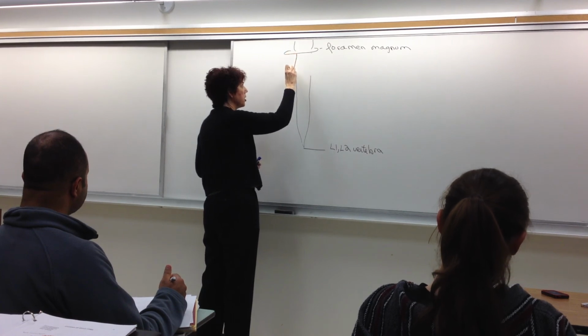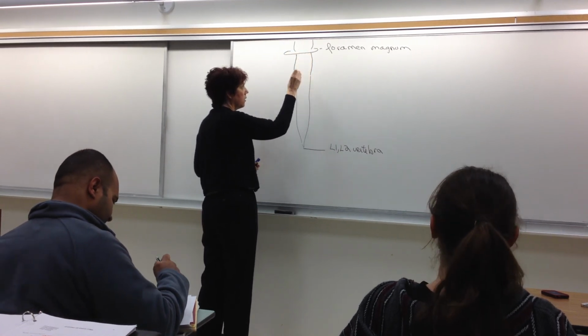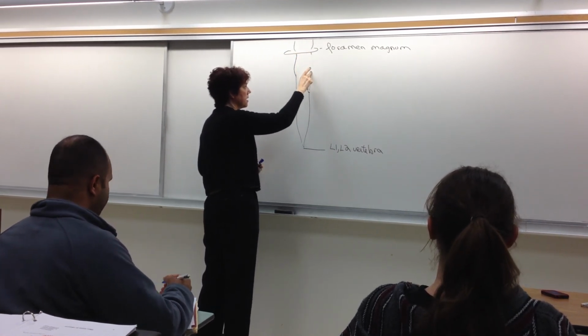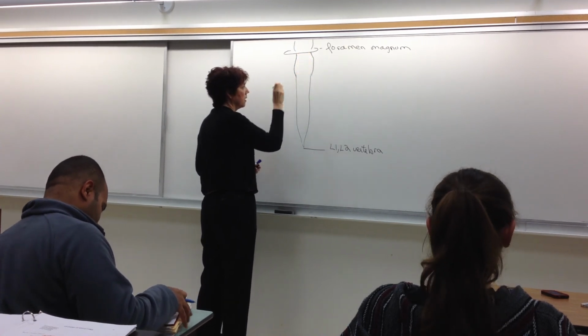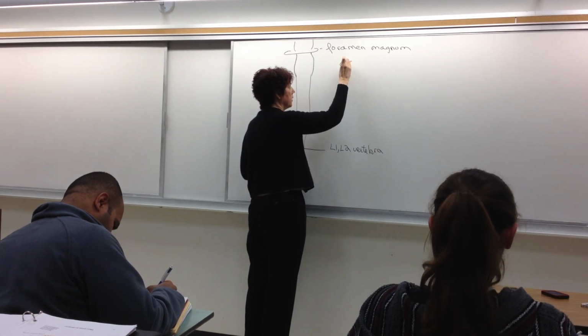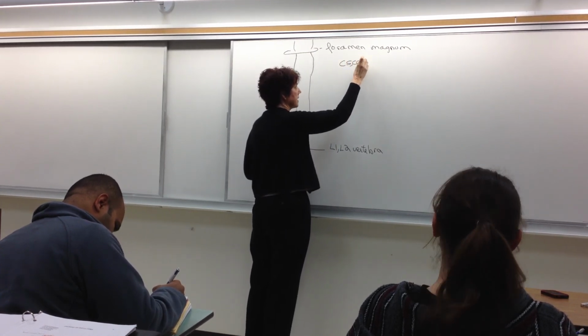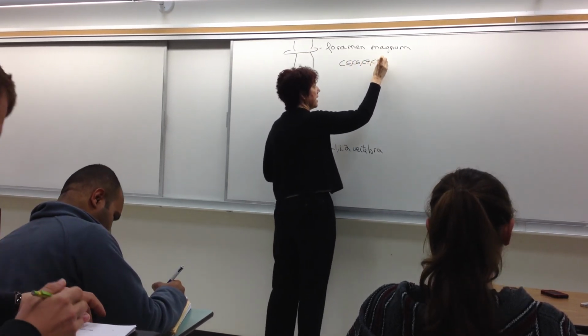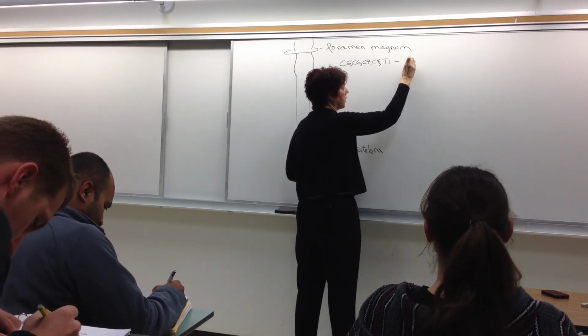There are enlargements, so my diameter of the vertebra here is not proportional. But when we get to the lower cervical and a couple of the upper lumbar spinal nerves, we see this in the nerves. We have C5, C6, C7, C8, and T1 go into the upper extremity.